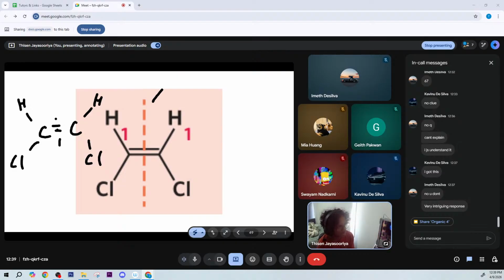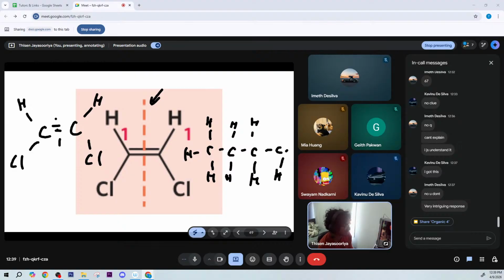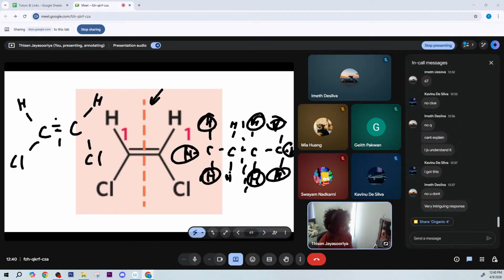So here, essentially, if you can find a line of symmetry, it makes it very easy to find how many environments there are. Because let's just say we have a line of symmetry like this, we have H, H, H, H, H, H, H, H, H, and H. You can see that there's a line of symmetry there, which means that these ones are all in the same environments as these ones, and these ones are all in the same environments as these two over here.